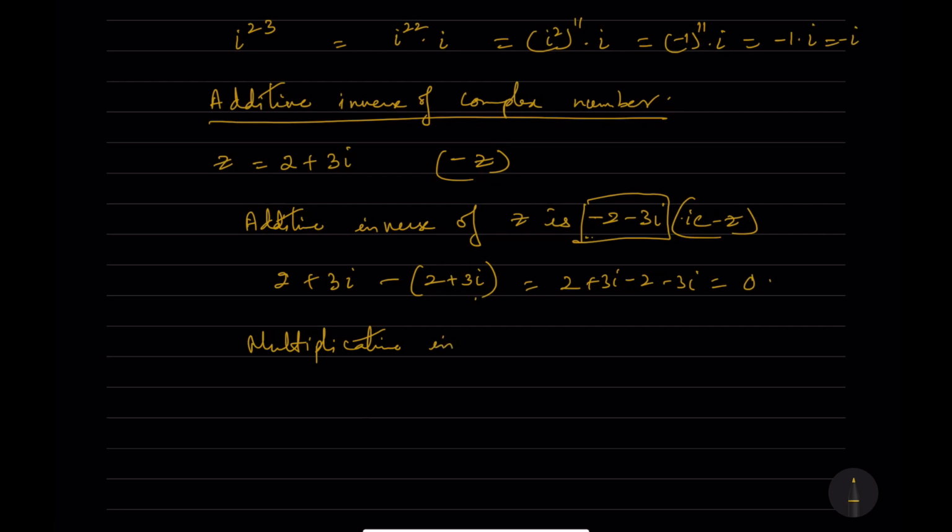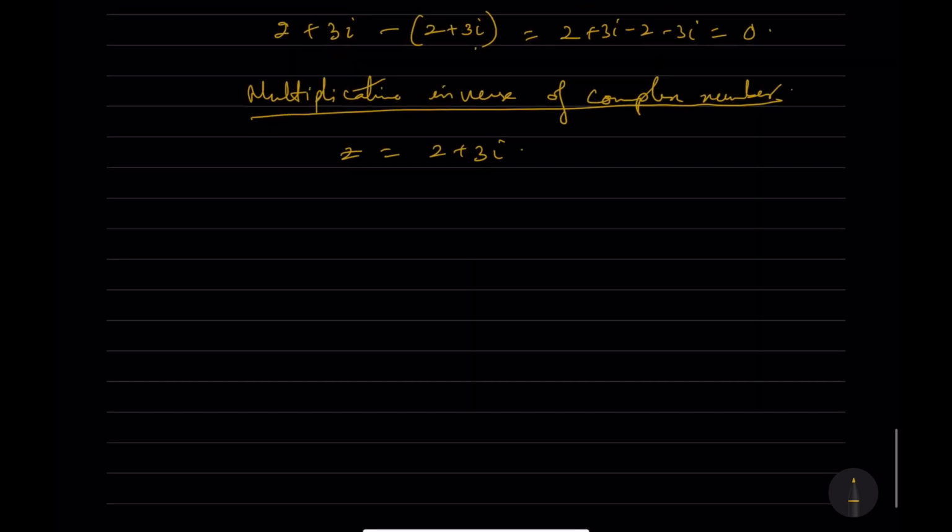Then the multiplicative inverse of a complex number: if z is equal to 2 plus 3i, the multiplicative inverse is 1 by z, which is 1 by 2 plus 3i.